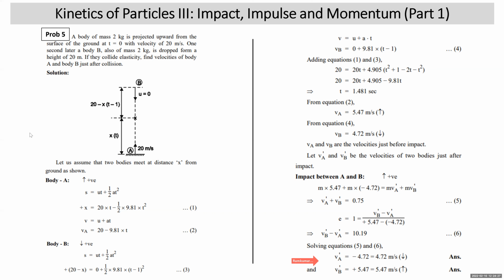That means you are not given the velocities of the two bodies just before impact. You are given the velocity of the two bodies when the motion is happening under gravity and they are a certain distance apart. So in that case, first you have to solve it as a problem of rectilinear motion, and then you apply the principles of impact on the sum.